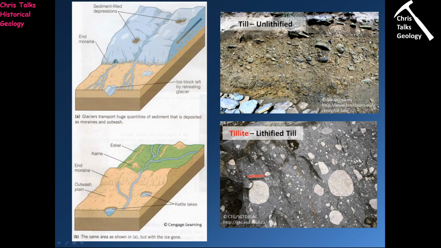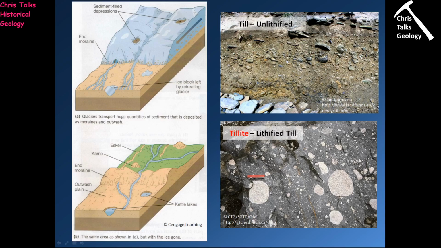So here we go. This is what a glacial till actually looks like. Note that it contains very large clasts, so boulders, cobbles, gravels, but it's also a mixture of finer materials, sands, silts and clays. If you take a glacial till and lithify it, it becomes a type of rock which we call a tillite.